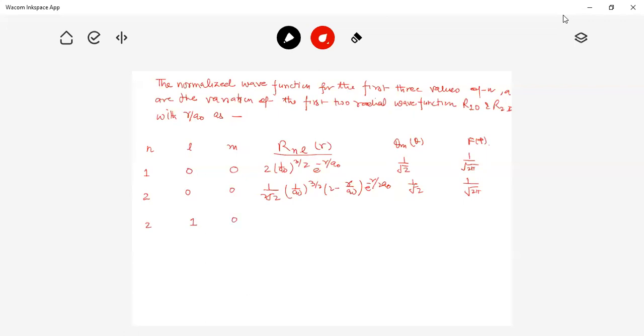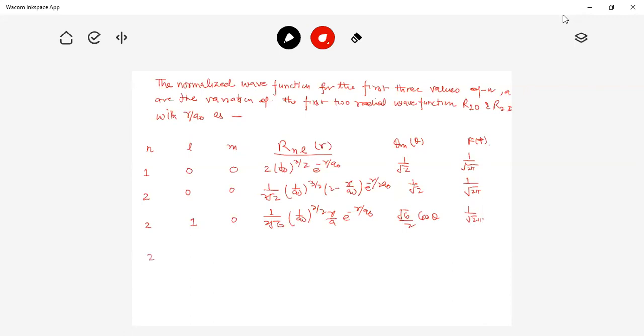So this value is 1 upon 2 under root 6, (1 upon a0)^(3/2), r by a0, e raised to the power minus r by 2a0. Here under root 6 by 2 cos theta, and this is 1 by under root 2 pi.